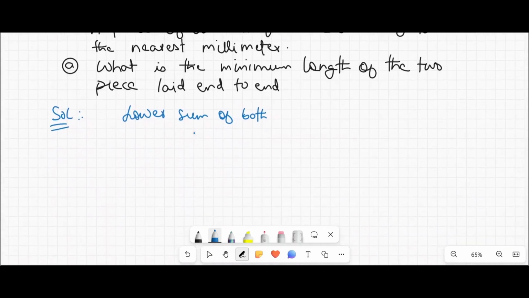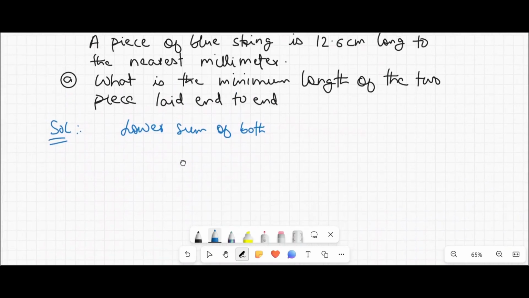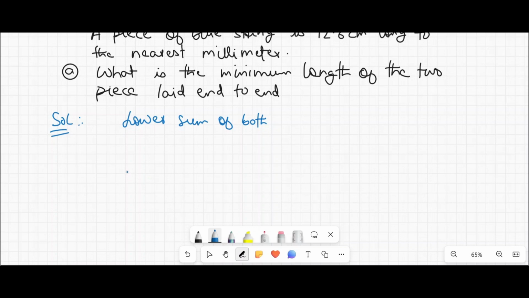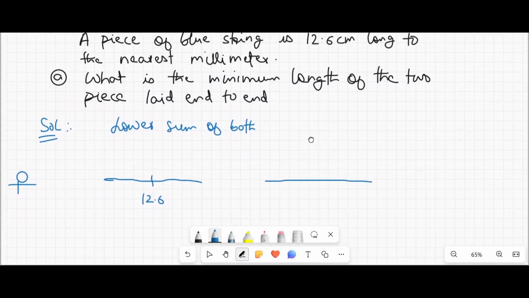So first is the blue string, because we always write the small length first, then the large length. So 12.6 centimeter, and the next one is 35.2 centimeter.